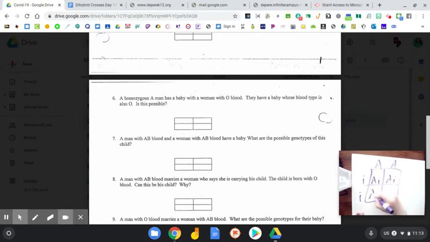If you fill that all in, is it possible that these two parents could have a child with O blood type? No. The only possibility that they would have is type A blood. So this is where you can use a paternity test to help determine who is the father. This would be: you are not the father.